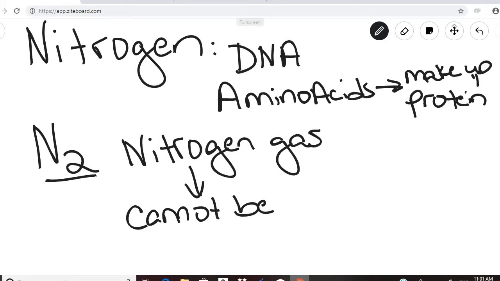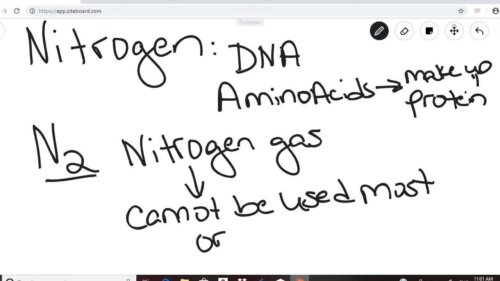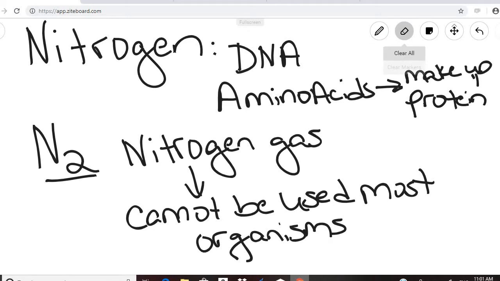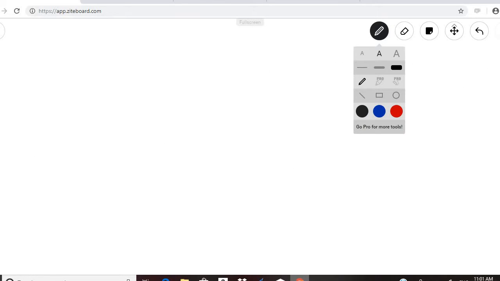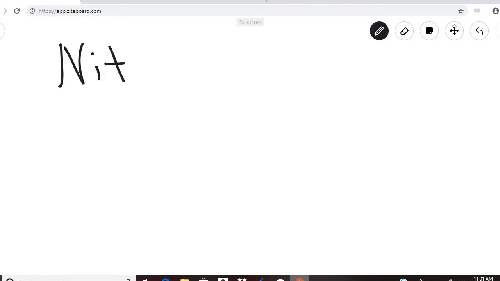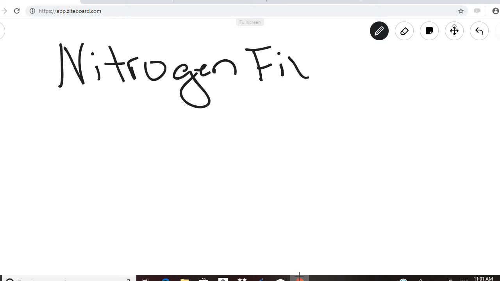They need this nitrogen for DNA and for making proteins, so having amino acids to make proteins, but in the form of nitrogen gas, it can't be used. So then we have a process called nitrogen fixation, which I think we've already talked about a little bit, but I'm going to show you a figure that illustrates it.